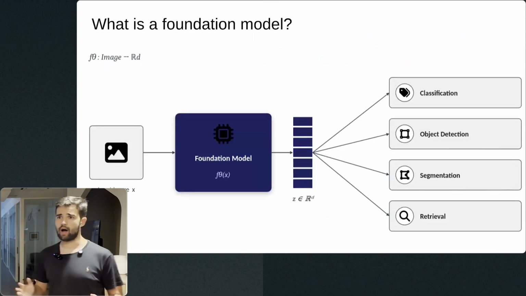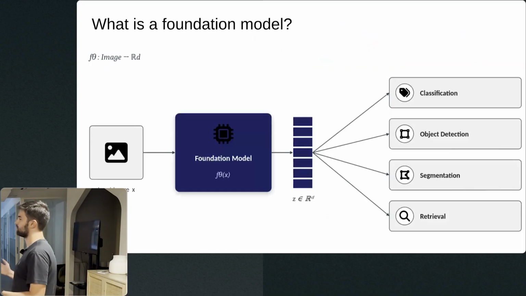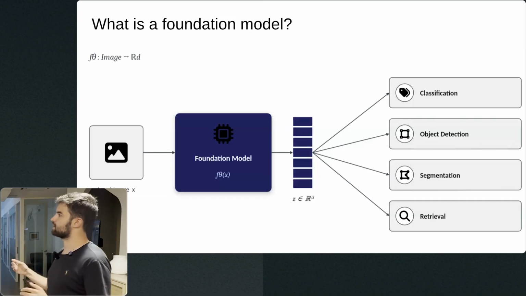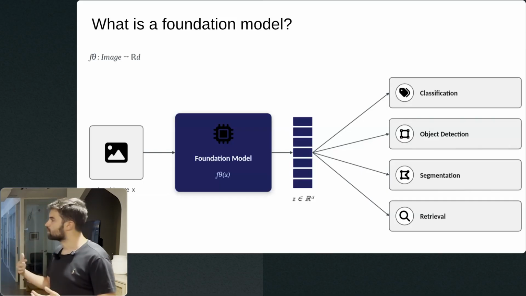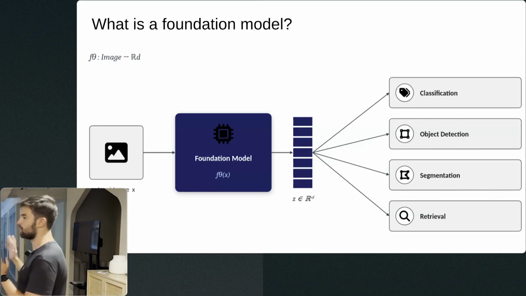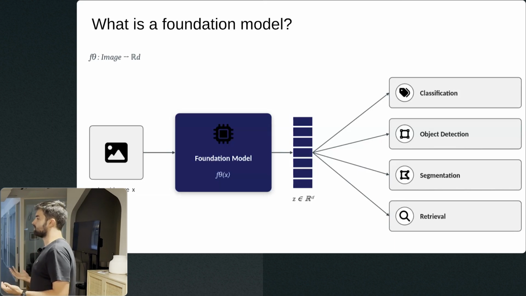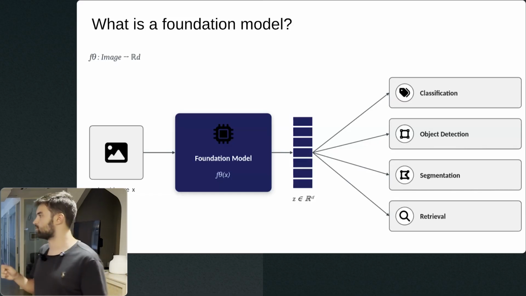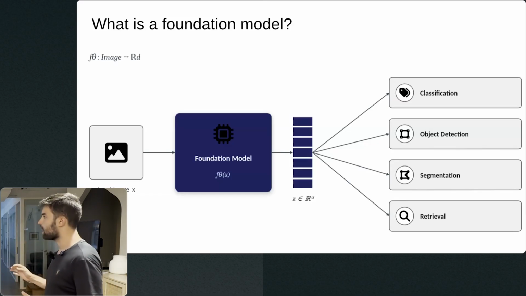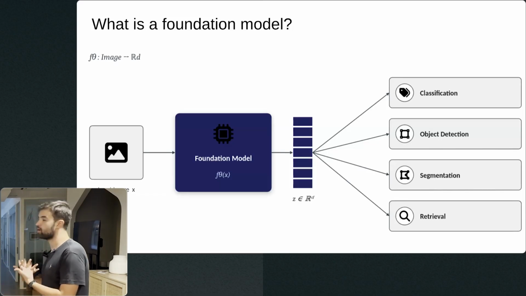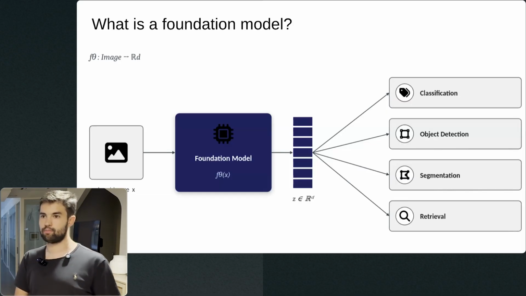So first, I'd like to present what is a foundation model. Basically, a foundation model is just a function that is going to map a structured input, such as an image, to an embedding. Then this embedding will be used in several downstream tasks, which can be really various. And the idea is to have this embedding gather the most information possible and to be the most easily accessible possible.